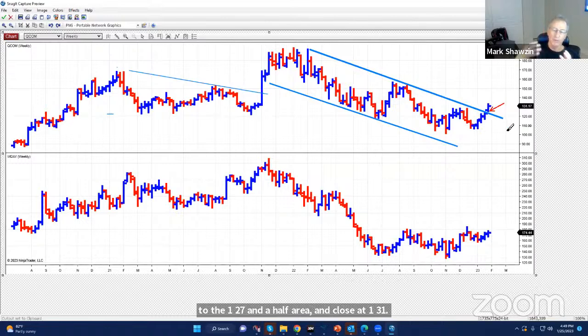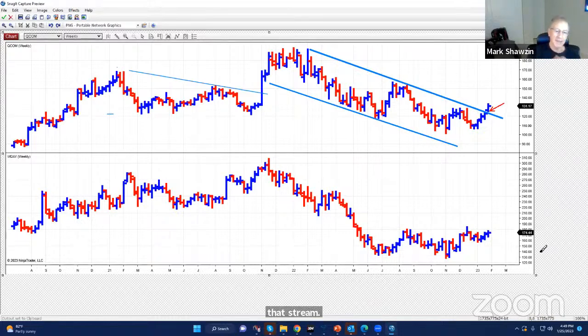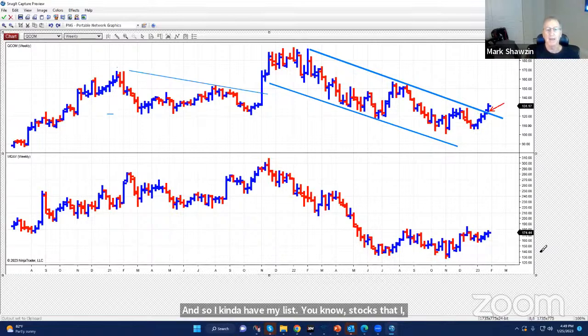What I try to do is, if the market opens badly, I look at all the stocks I want to buy. That way, you'll get a bargain. Conversely, if the market opens higher, then I look at all the stocks I want to short, and then I can sell into that strength. So I have my list, stocks that I look to short, stocks that I look to buy. And then on certain days, you look for those opportunities.